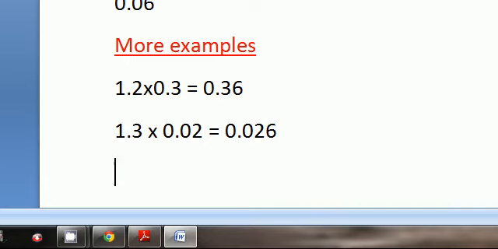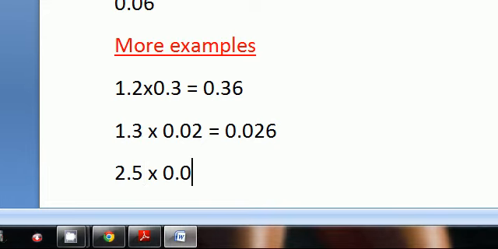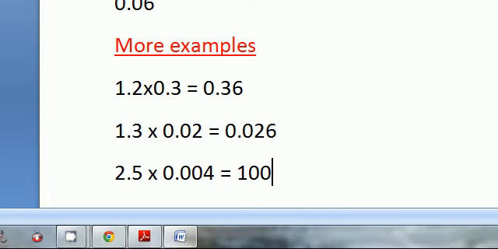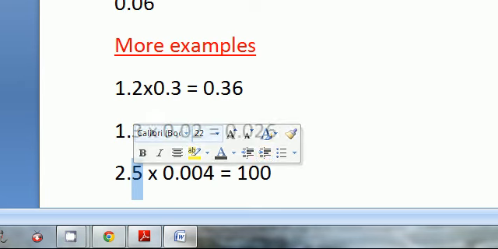Now let's take a final example. Suppose a number is 2.5 multiplied with 0.004. First of all, we will simply multiply the digits ignoring the decimal. So 25 multiplied with 4 is 100. Now we have to move back how many decimal places? 3 plus 1, 4.